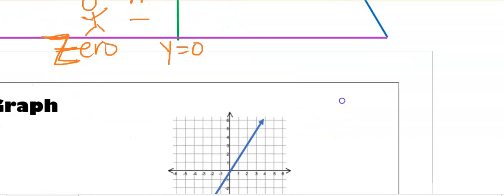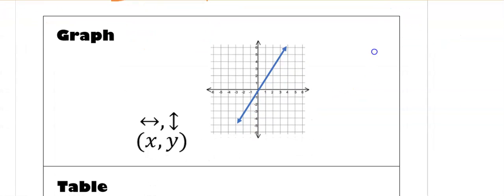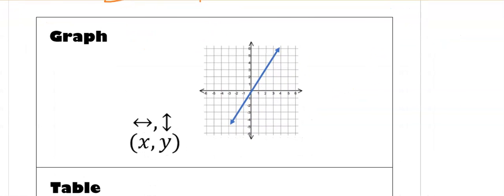All right. So over here, what we're going to be working on first when we look at this is finding slope from a graph, okay? We're going to do graph, we're going to do table, we're going to do equations, we're going to do all kinds of stuff. So the first thing I want to do over here is I want to find my slope from the graph. And slope is m equals y, which is up and down, over x, sideways, okay?